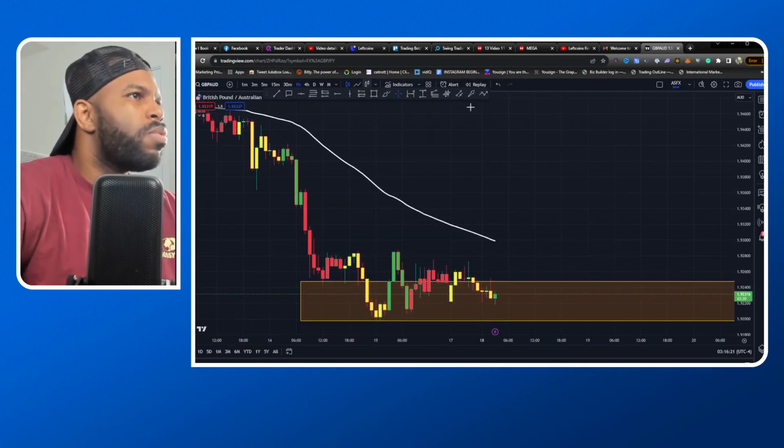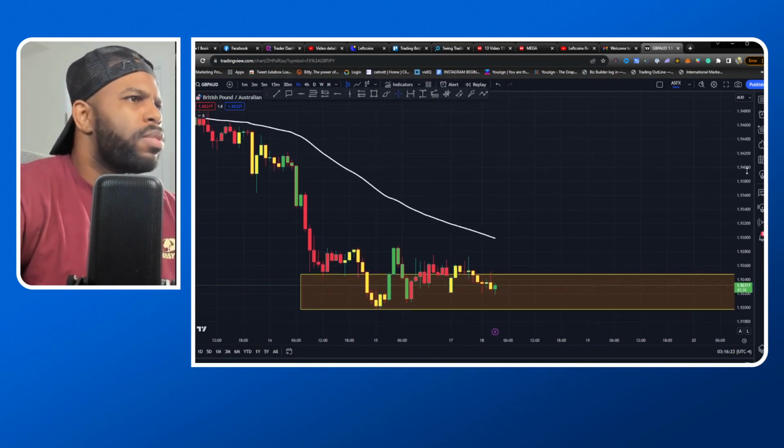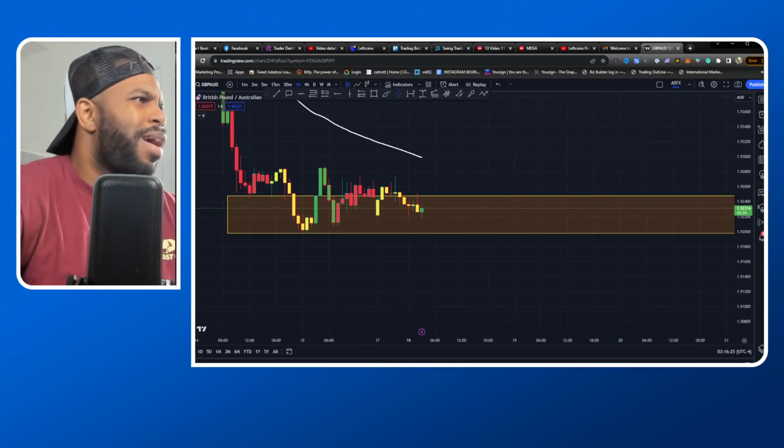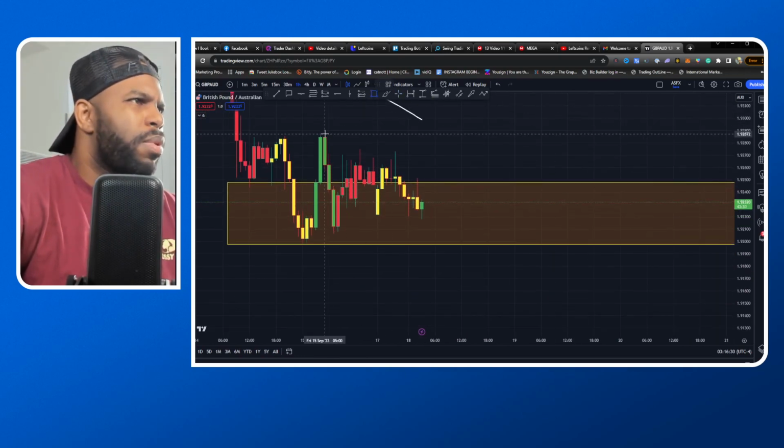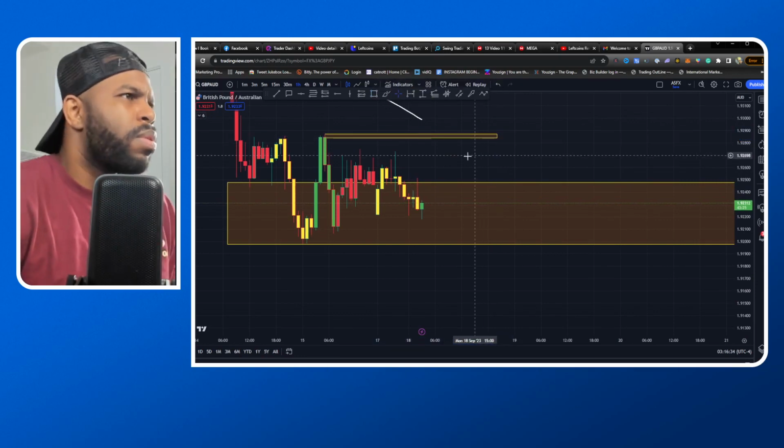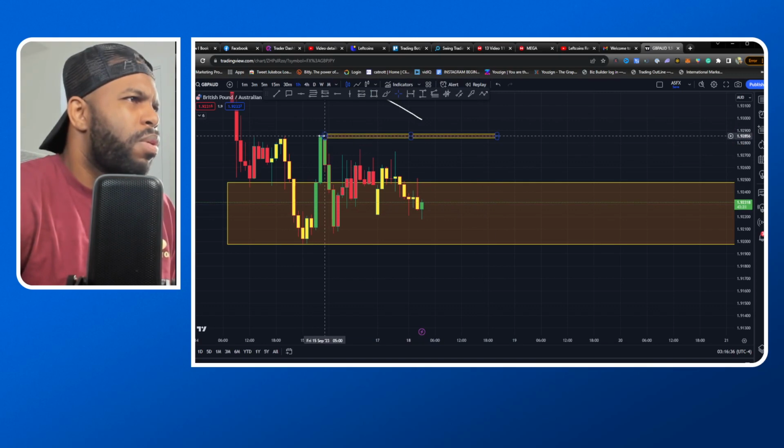All right, so let's go to the 1 hour. Okay, we're already on the 1 hour. So the previous London session high and low is up here. It's a small zone there. It's probably not even worth drawing this zone from here.